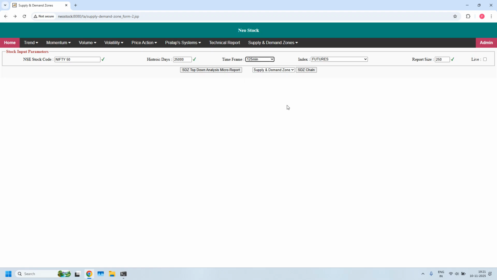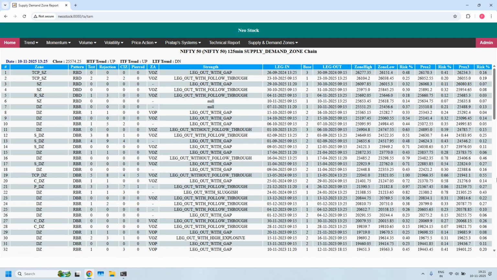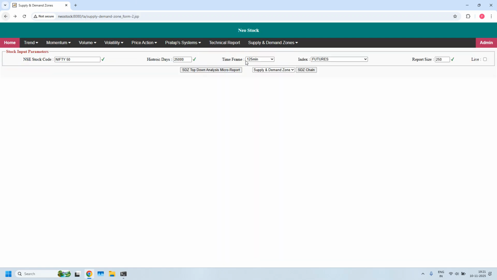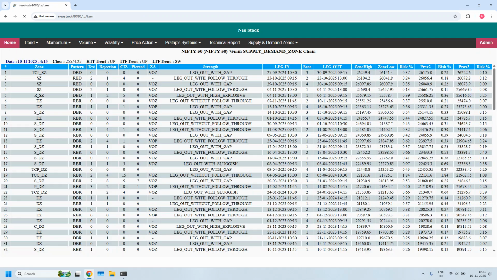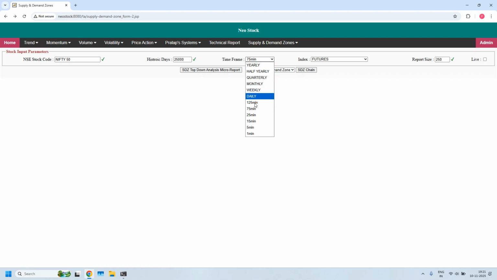Next, 125 minutes supply demand zone chain for Nifty. 75 minutes supply demand zone chain for Nifty. Next, 25 minutes supply demand zone chain.